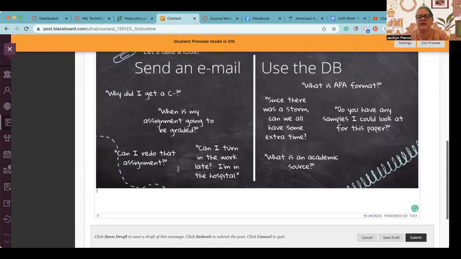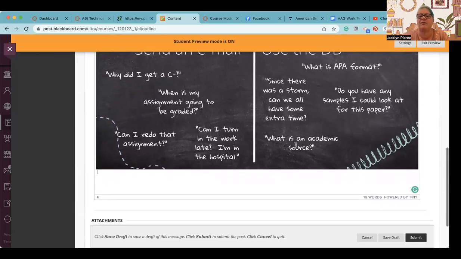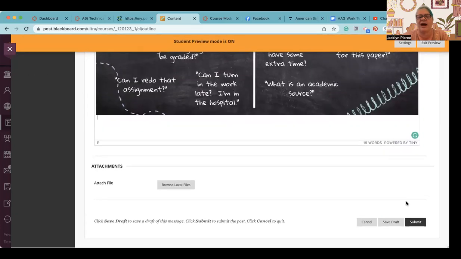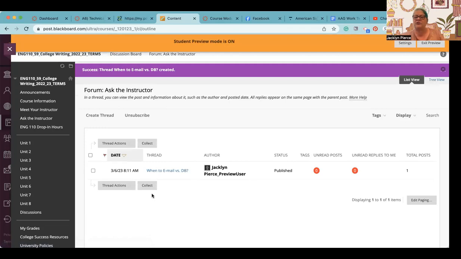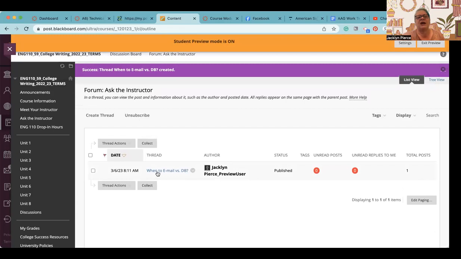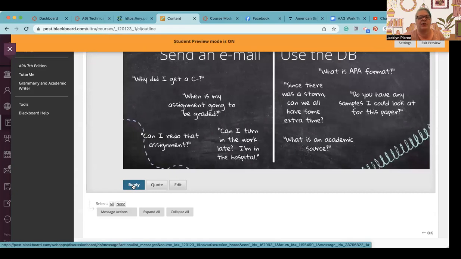So this is a great place to ask about general questions or even specific questions about the assignments themselves. But this little graphic will help you with that. So I'm going to go ahead and post it. This is exactly what you would do to post something on the Ask the Instructor discussion board. If you wanted to respond to a post, instead of clicking create thread, you would open that post and click reply.